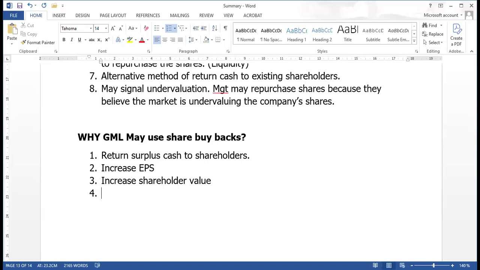Another way it could be that they want to achieve an optimal capital structure. An optimal capital structure comes in a scenario where an entity has excessive equity and relatively low debt.